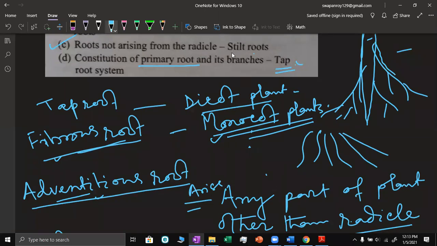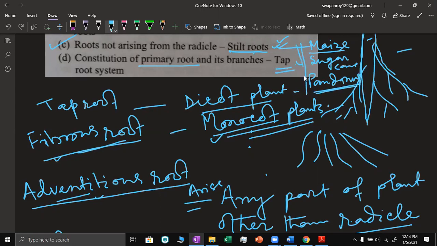The stilt root is actually an adventitious root. It develops from the main stem, from the nodes, and usually grows obliquely. It is found in maize, bamboo, sugarcane, pandanus, screwpine.